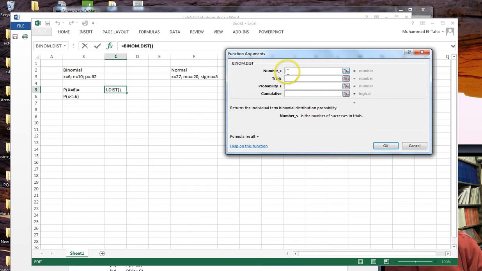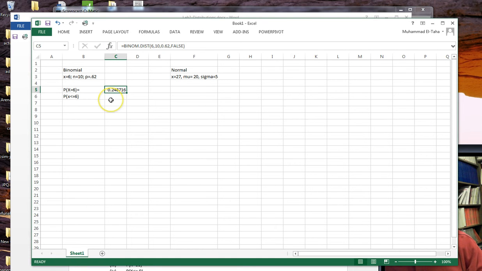So my number of successes is 6, trials is 10, probability of success is 0.62, and I want individual probability, so it's not cumulative, so this is going to be FALSE, and click OK, and it's going to show me the answer here. It explains to me what this does, and I got the answer there.